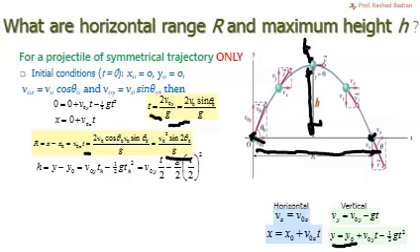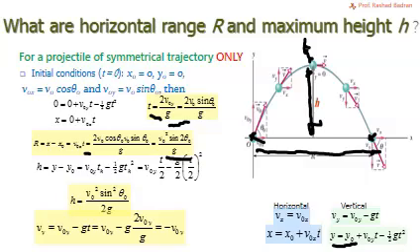Delta y is positive, equal to h, because h is going upward. We substitute V naught sine theta instead of V naught y and solve this equation. You're going to get h equals V naught squared sine squared theta naught divided by 2g.